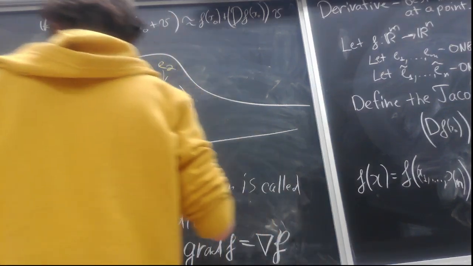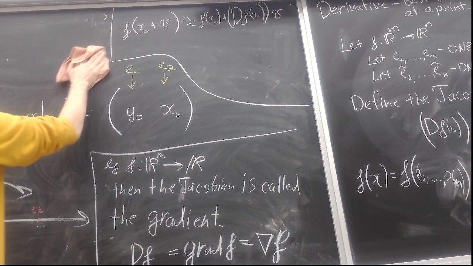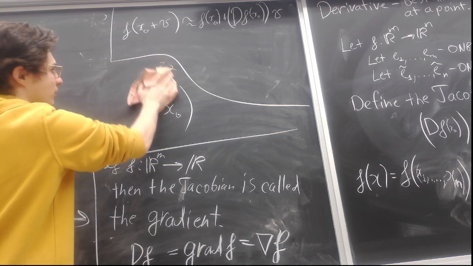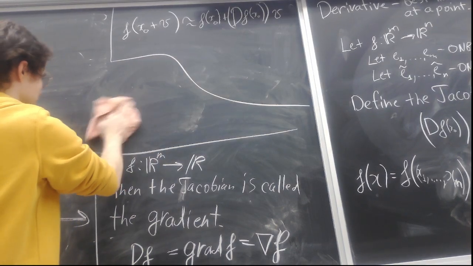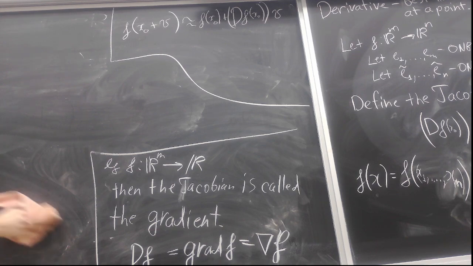All right. I will now erase this. And now we're going to restrict ourselves to the case where f is a function from Rn into Rn, and suppose this function is invertible.